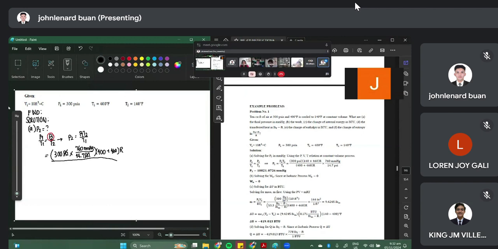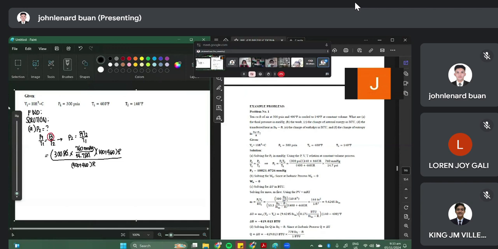Sorry, 140 pala. 140 ang ating T2. Sorry for that. 140 plus 460, it will give us Rankine. And then we have here T1, which is equal to 400 plus 460.